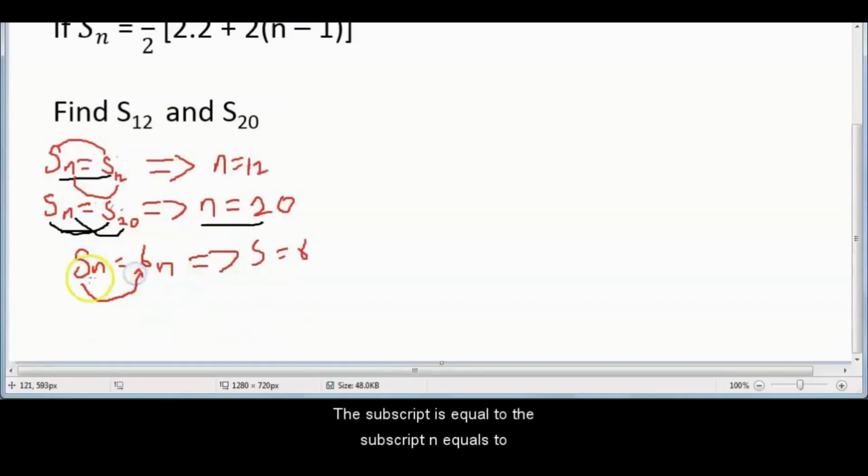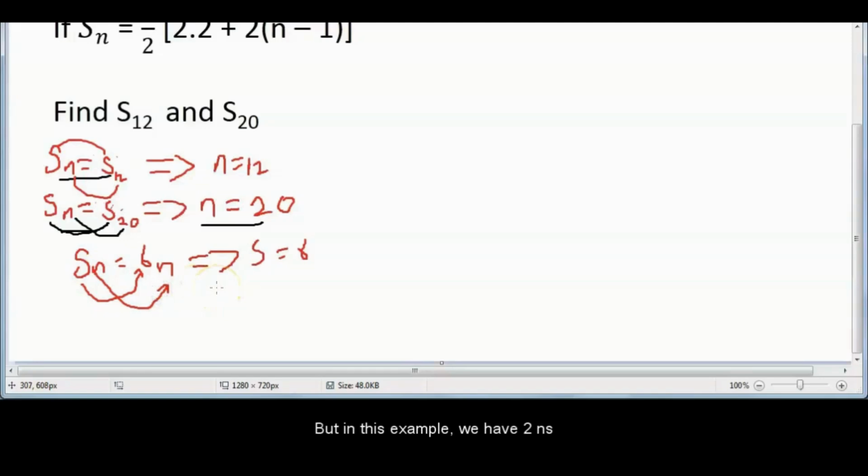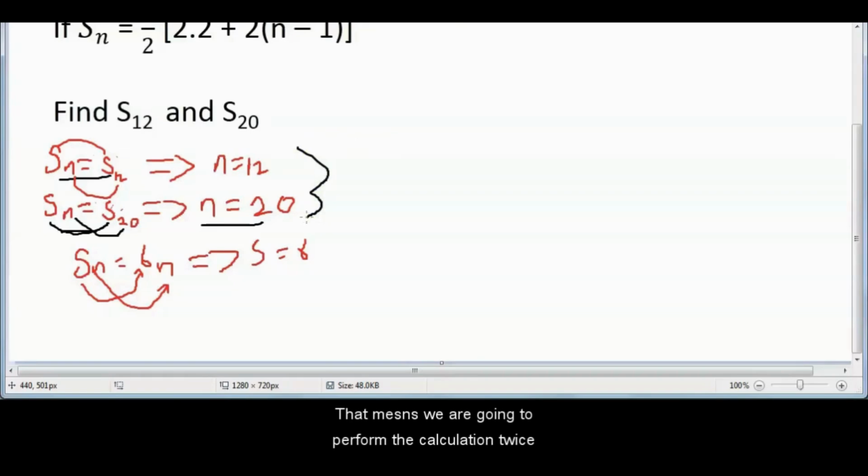The subscript is equal to the subscript, n equals n. But in this example, we have two n's as indicated here. We have n equals 12 and n equals 20. That means we are going to perform the calculation twice.